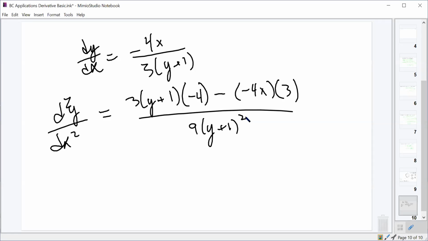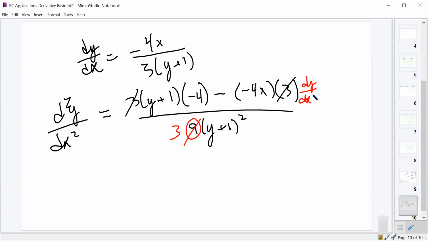And if we wanted to simplify that a little bit, we could. They both have a 3, so we can cancel out the 3's and turn this 9 into a 3. Oh, did I forget my dy/dx? Oops, sorry. That's 3 dy/dx. Kind of forgot the most important part, huh?